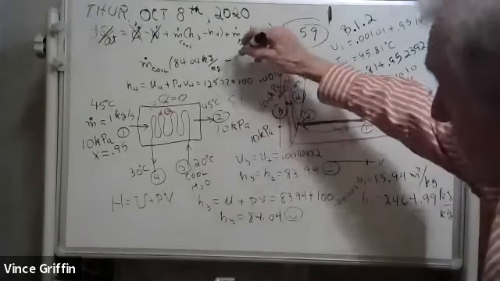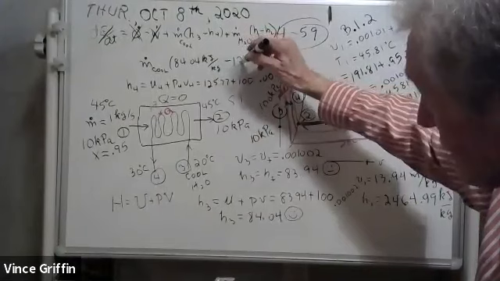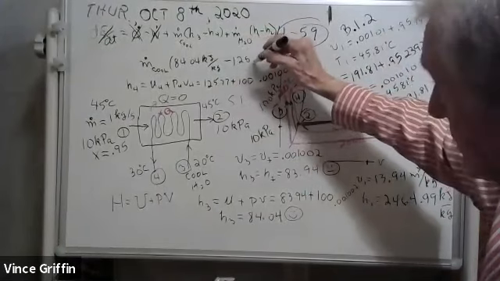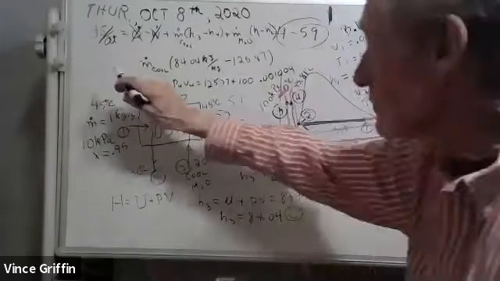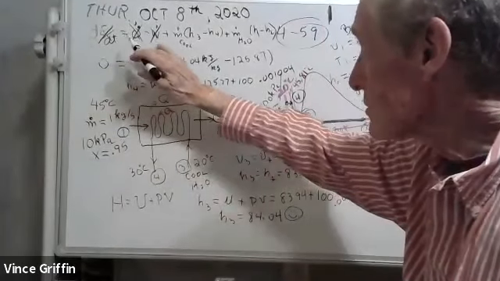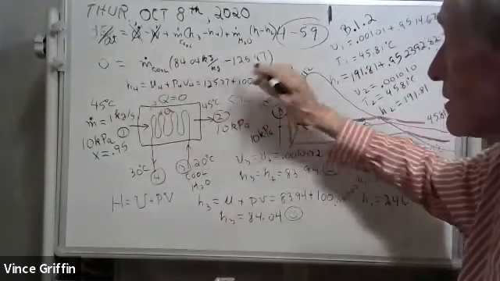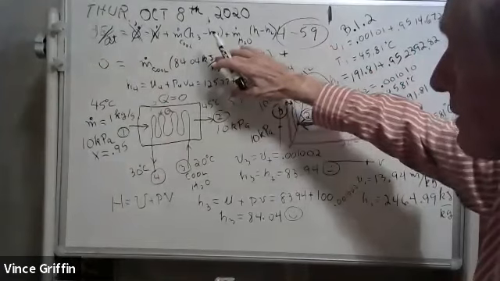Well, if I did that right, I'm getting 125.87, and I hope somebody's checking me here. Okay, now I've got 0 equals 0 minus 0 plus this, plus, they gave us this.